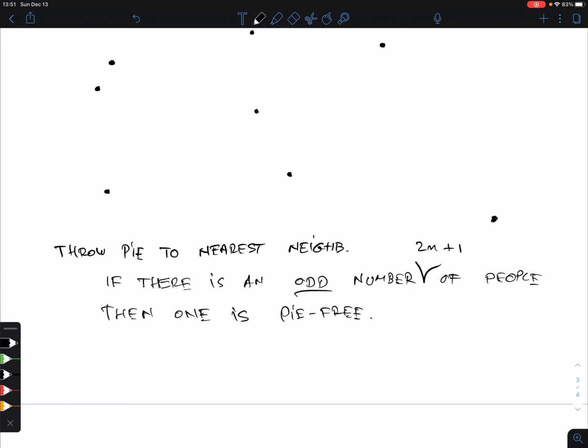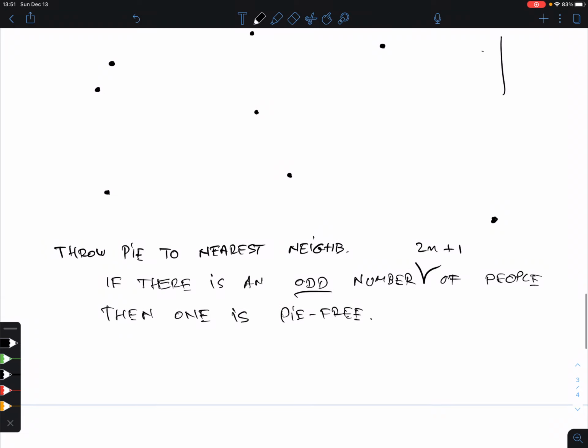The first odd number is 1, the second odd number is 3, then 5. So n is not the odd number, n counts how many odd numbers you are talking about, right? So if n is 0, then we get 1. If n is 1, then we get 3. If n is 2, we get 5, and so on. This is 2n plus 1.